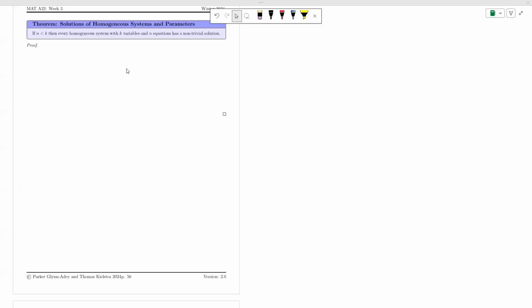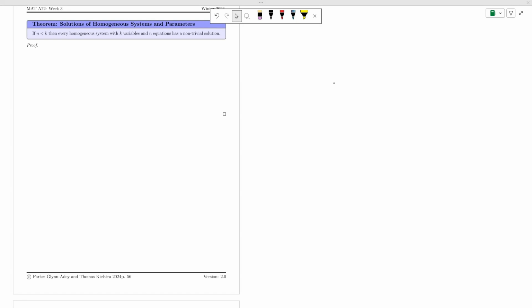So we're going to start by looking at this theorem, the solution of homogeneous system equation parameters. And what we have is n is less than k, and we have a homogeneous system with k variables and n equations. We'd like to say it has a non-trivial solution.